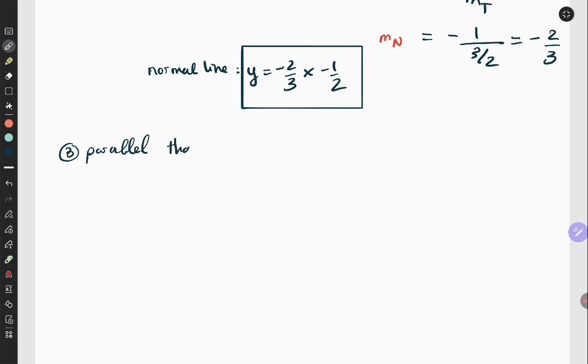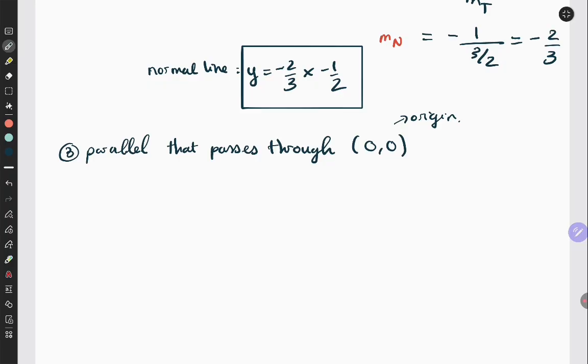Can you add this one? The parallel line needs to pass through another point. Let's put 0, 0. Pass through the origin. Okay, 0, 0.